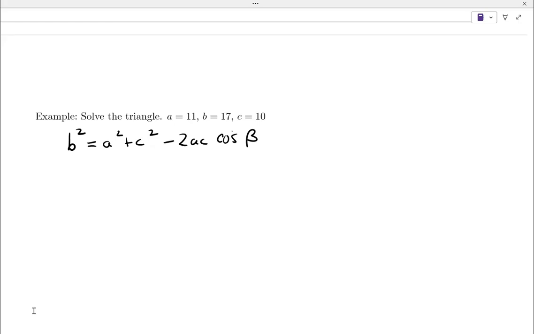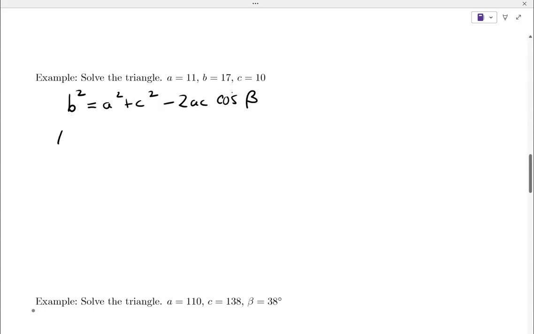So law of cosines is basically just an extension of the Pythagorean theorem to non-right triangles. Anyway, our b here is 17, a is 11, c is 10. So at this point, it's just a matter of plugging those things into the formula.